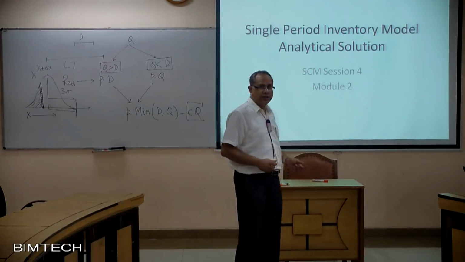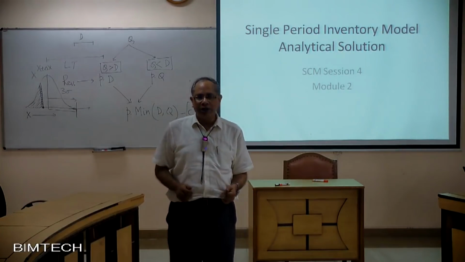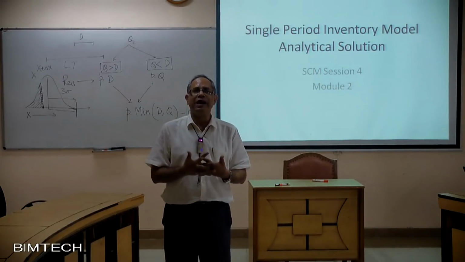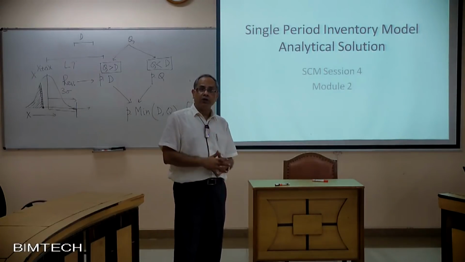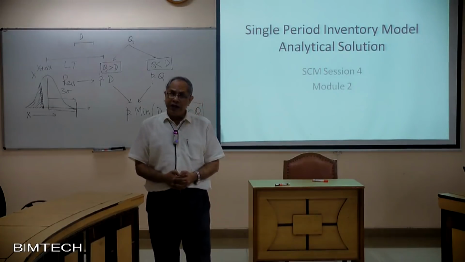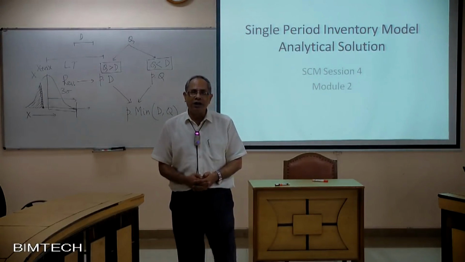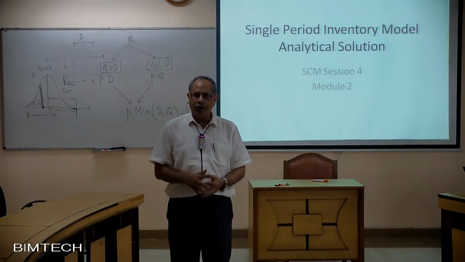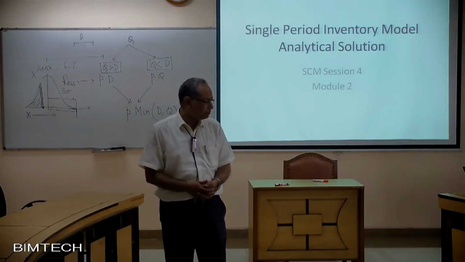And the solution was how much quantity should Reebok order from its suppliers, which maximizes the total expected profits for that particular SKU. Now, towards the end of that module, we had said that perhaps we could also look at a much simpler, shorter method for arriving at the solution, and in this module, we are going to discuss that.